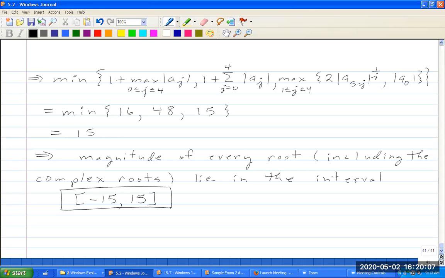Let's go on to section 5.3. So in this case, these bounds are pretty big. They don't really give you any useful information to actually solve the equation.